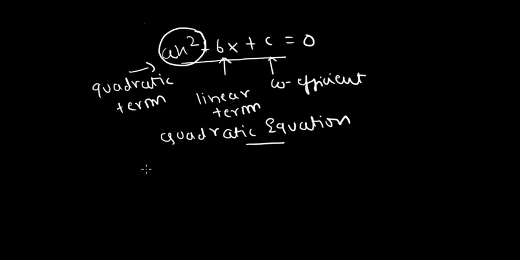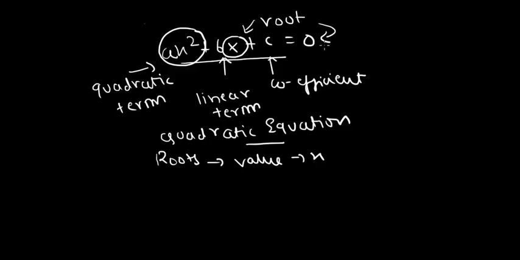Basically, there are three ways of finding roots of any quadratic equation, and roots are the values that satisfy x. So here, any number which satisfies the value of x will become the root of this equation. There are three ways of finding roots. The first way is the factorization method, something which we are going to learn today.